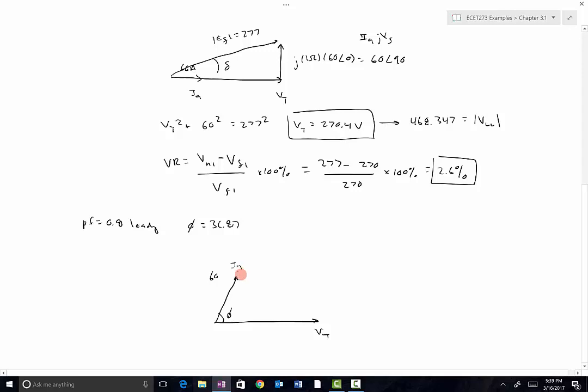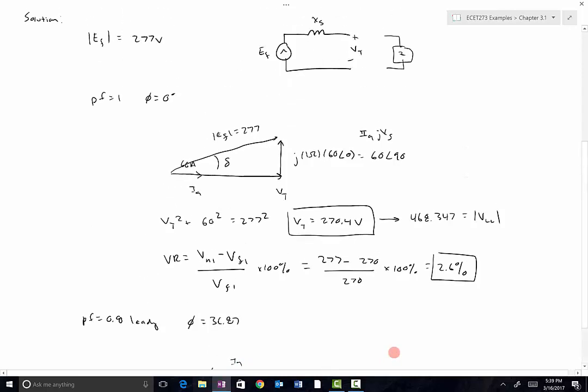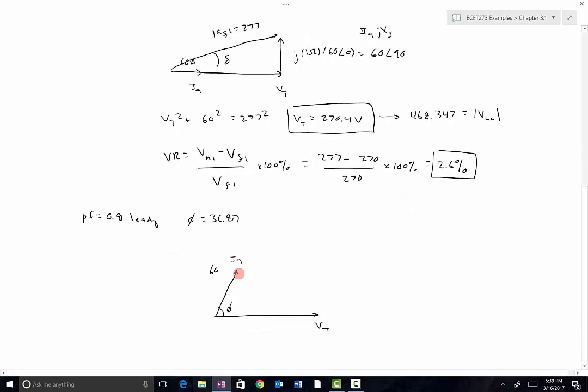What then happens is this IA, I'm going to scroll up, is flowing through this inductor right here, which means it induces a voltage that is 90 degrees out of phase with the current. 90 degrees out of phase with this current is pointing back that direction. So that jXsIA is going to end up pointing that direction right there.